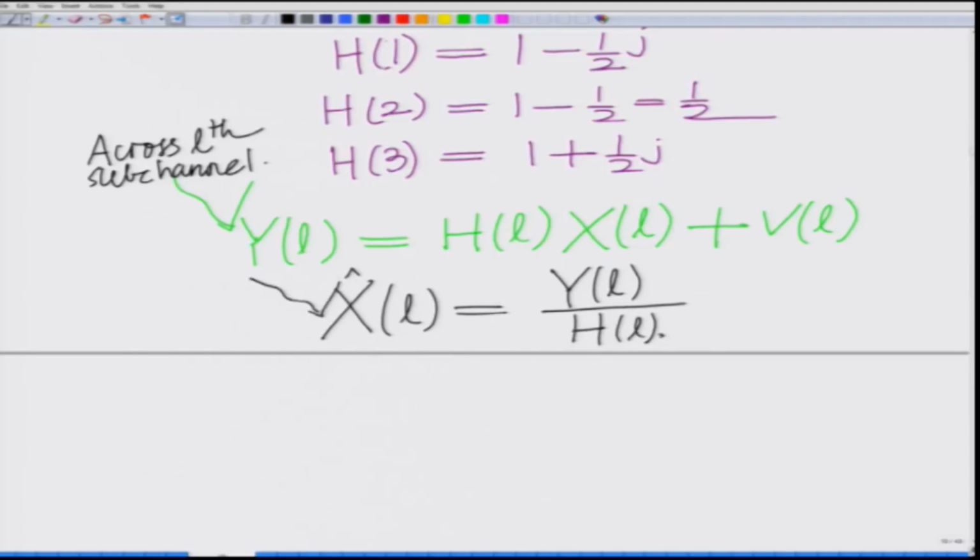This is the estimate. What is this? This is basically your estimate of the FFT coefficient of the transmitted symbols, which are the small x's.